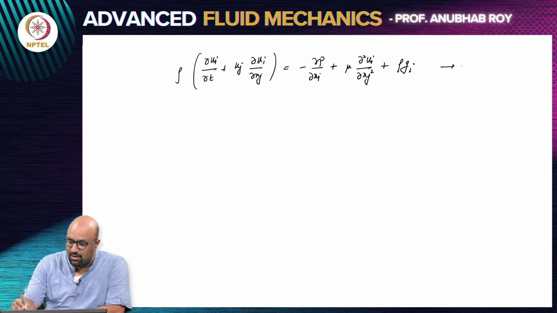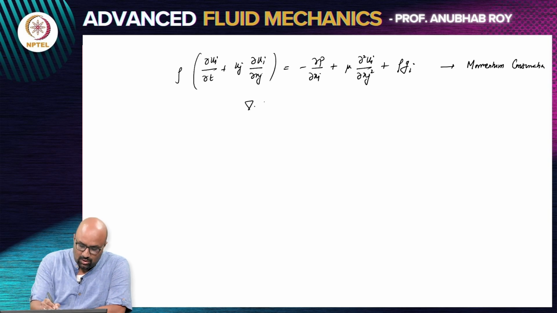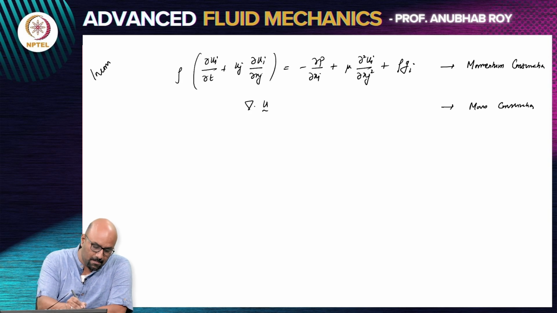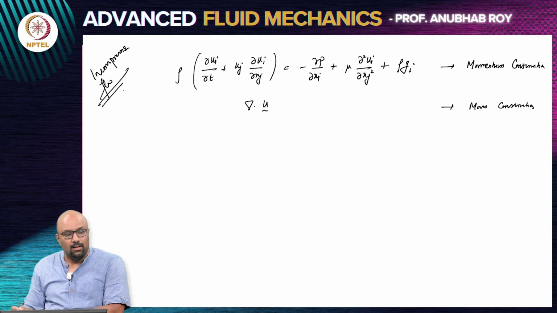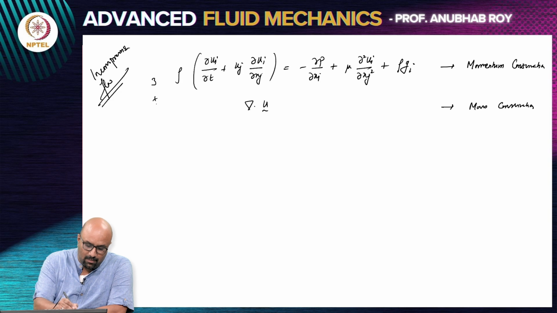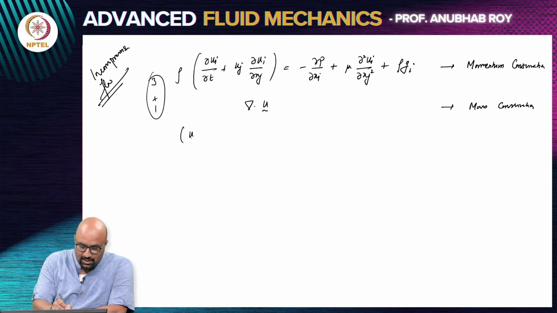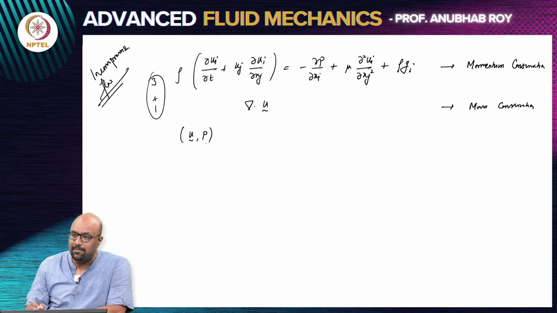This is the statement for momentum conservation, which is to be used in conjunction with the statement of mass conservation. So, for an incompressible flow, these are 3 plus 1. There are 4 equations for the 4 unknown variables, the 3 components of velocity and the single scalar, which is pressure.